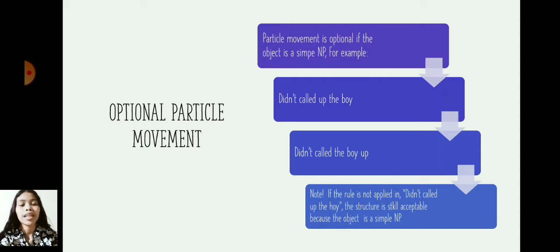For example, didn't call up the boy. You might ask, what is a noun phrase, or where is the noun phrase in that sentence? The noun phrase in that sentence is the boy. So there will be an optional particle movement if the object is a simple noun phrase, like the boy or the girl or whatsoever. When the particle movement transformation is made, it transformed into didn't call the boy up.